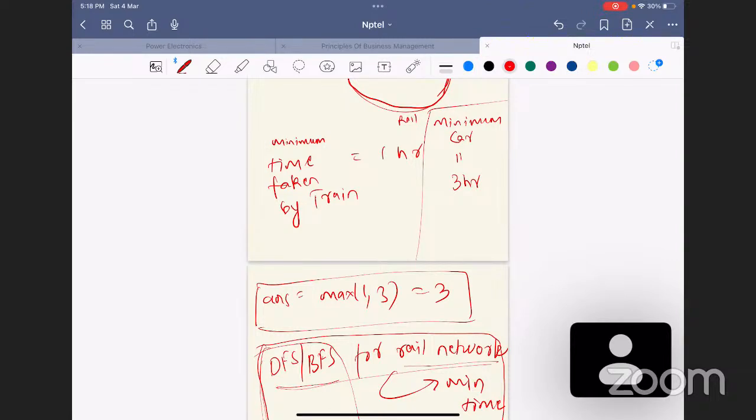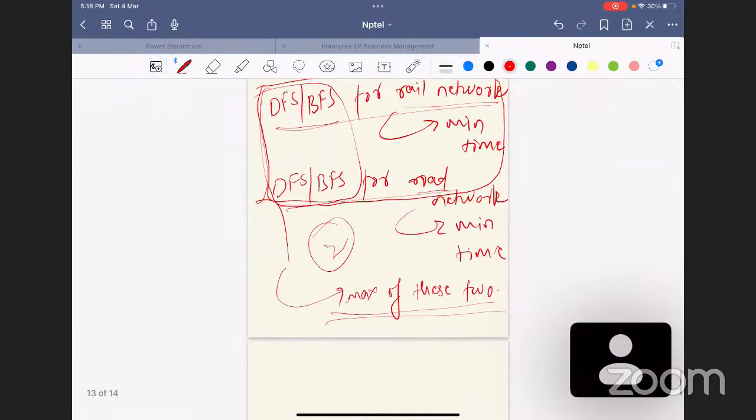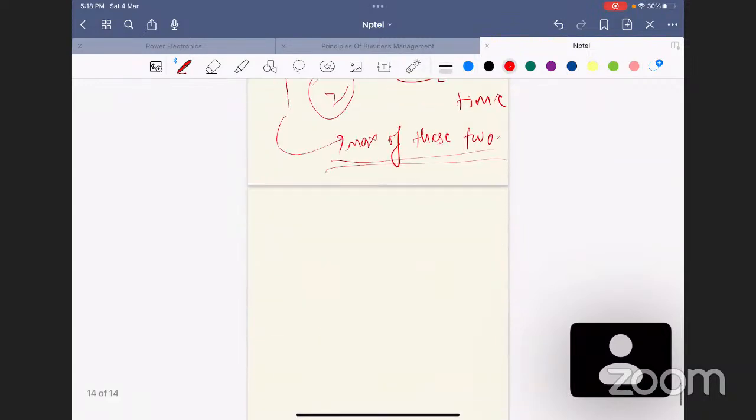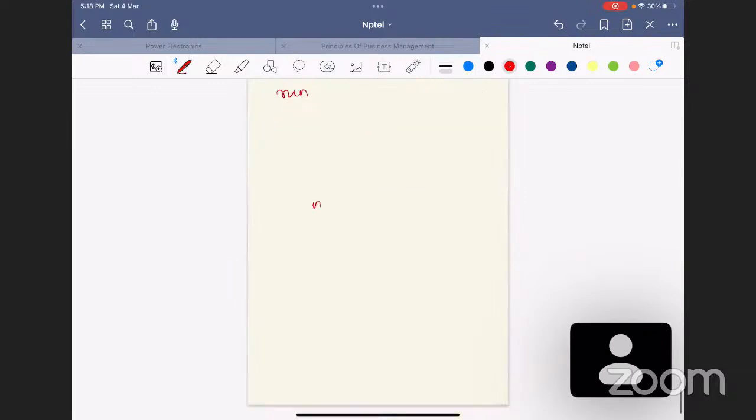So the condition that the train and bus can't meet at one vertex except the final one. If there is a railway, then the train can take it and wait in town. And if there is no such railway, then there is a road, the bus can take it and wait in town. And there is nothing forbidding this. Okay, sure. So how can we solve this question by running BFS or DFS?